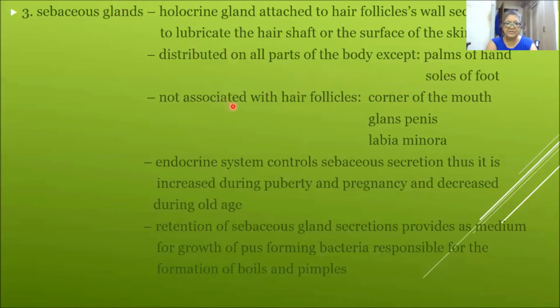The sebaceous gland, as you have seen earlier, is associated with the hair follicle, but it can be found in areas of the body which have no hair, like the corner of the mouth, the glans penis, and the labia minora.